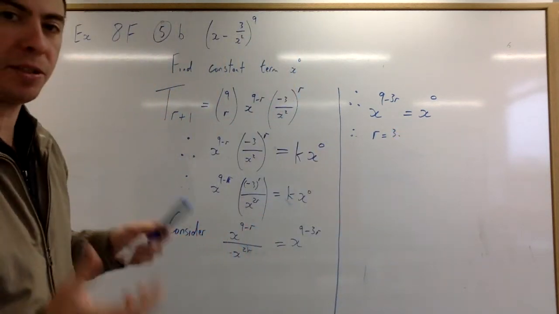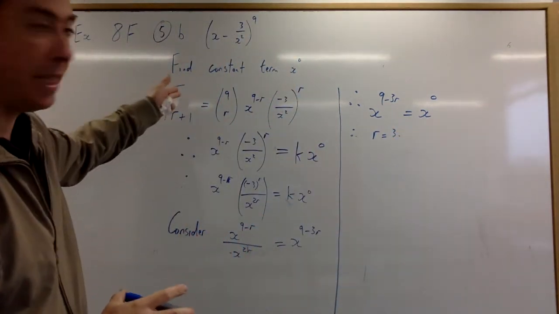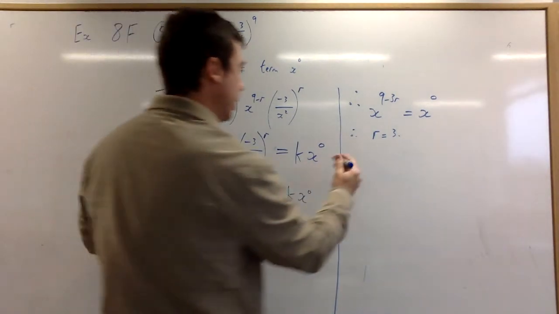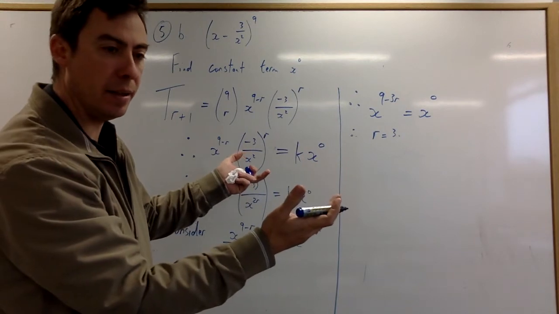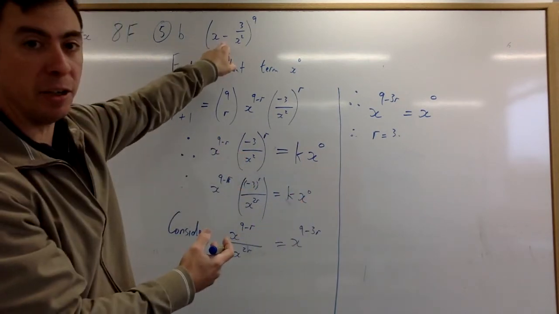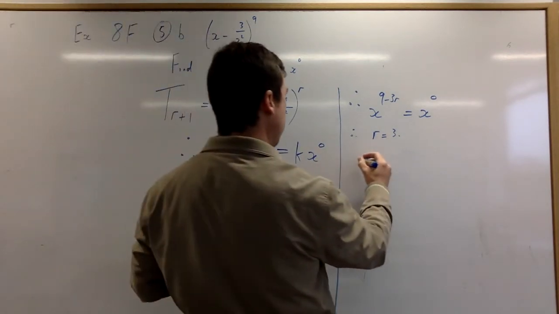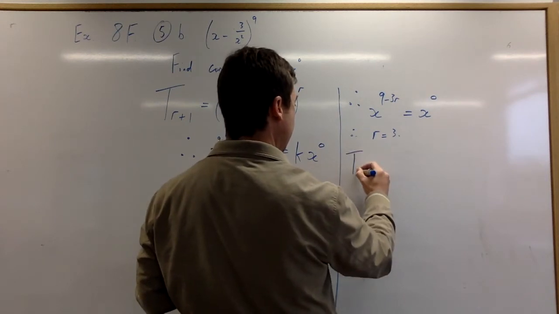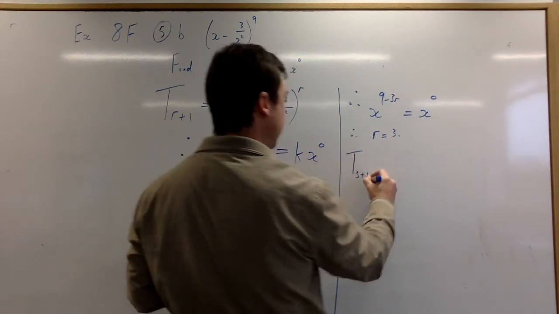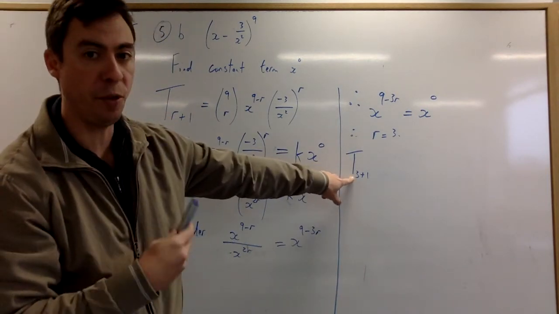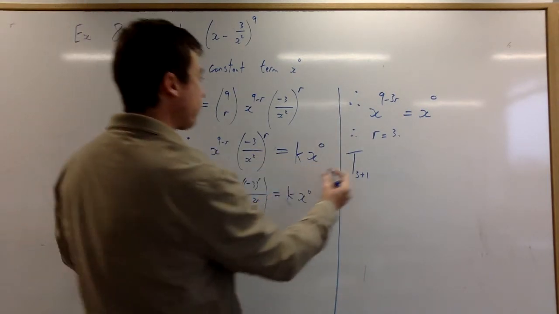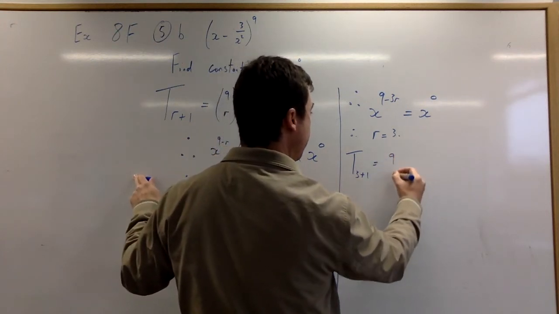Now if r equals 3, I can put it back in. It's going to be the 4th term. Let's go back to the original binomial expansion and think, all right, what is this term? So r is 3. The r plus 1 term, this is the 4th term. I'll have 9 choose 3.